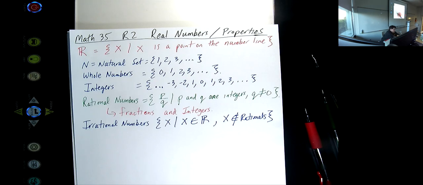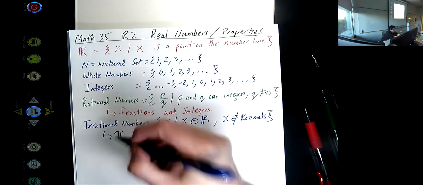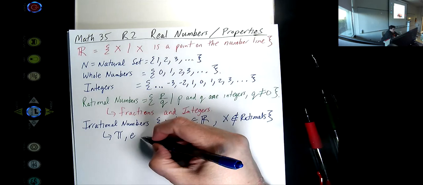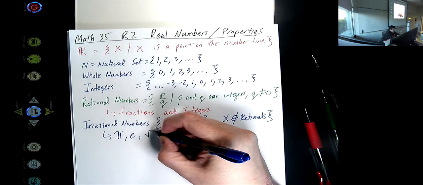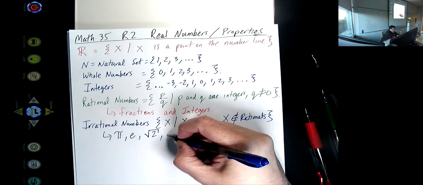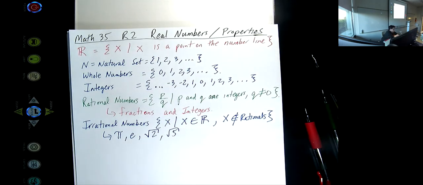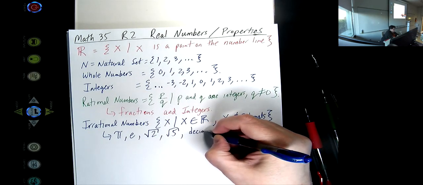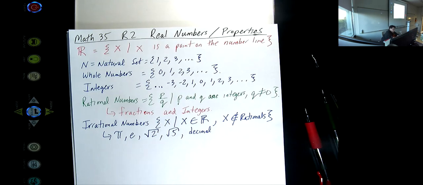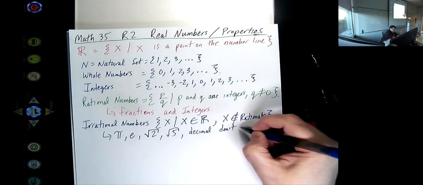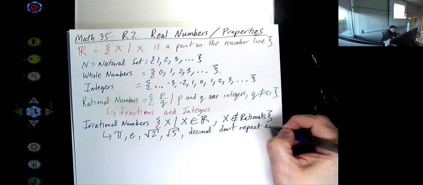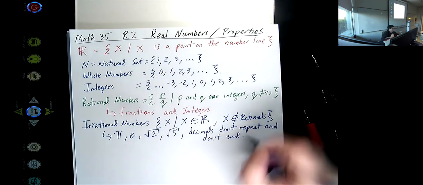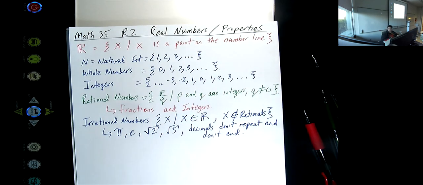So you've got your symbols that you've seen before. Pi is in here. E is in here. All your square roots tend to be in here, except the ones that make perfect squares. Square root of 2 is an irrational number. Square root of 5 is an irrational number. These are just examples. Decimals that don't repeat and don't end, like pi and e, and root 2 and root 5.